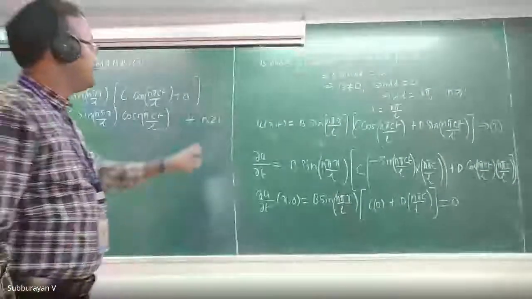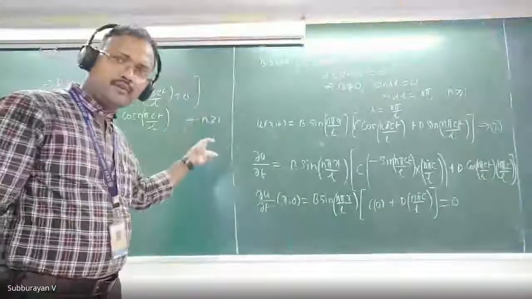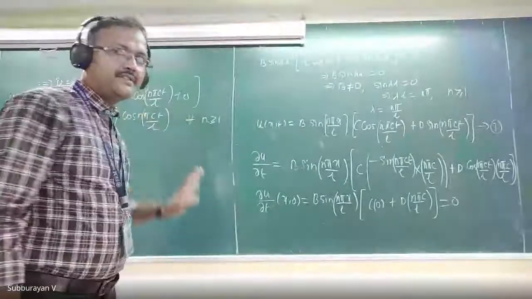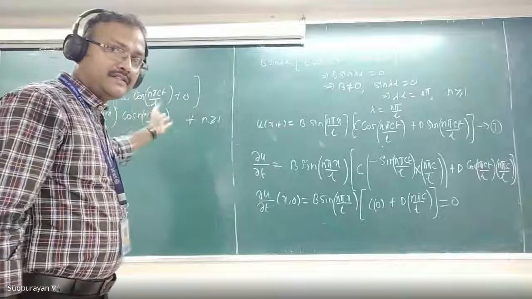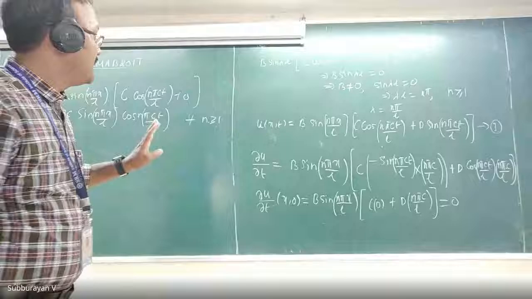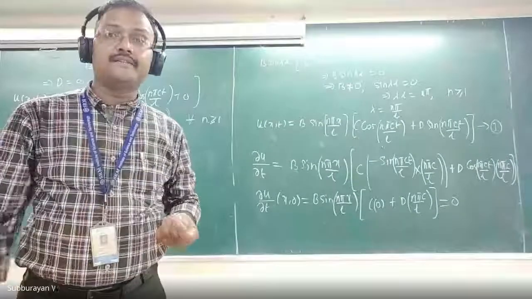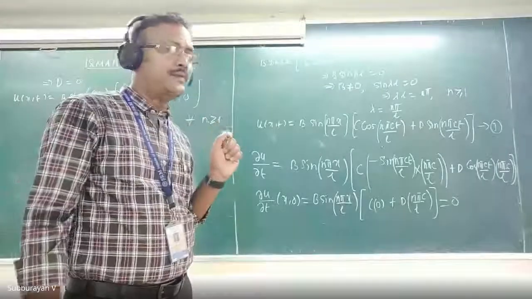That means if I substitute n equal to 1, this is true. If I substitute n equal to 2, this is true. If I substitute n equal to 3, then this will satisfy the equation. If I substitute n equal to 4, then this will satisfy my differential equation, and so on. There is a concept in mathematics called the superposition principle.